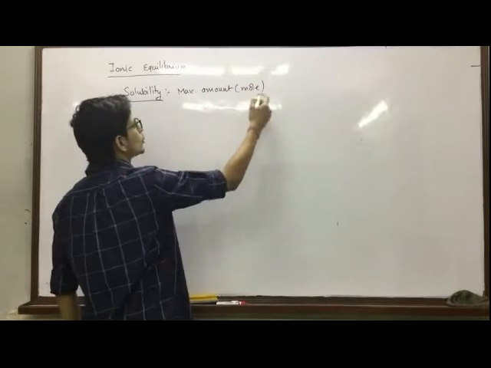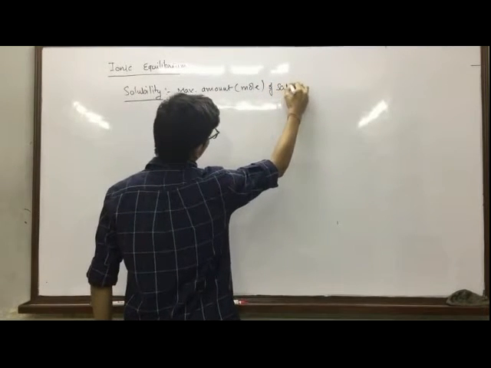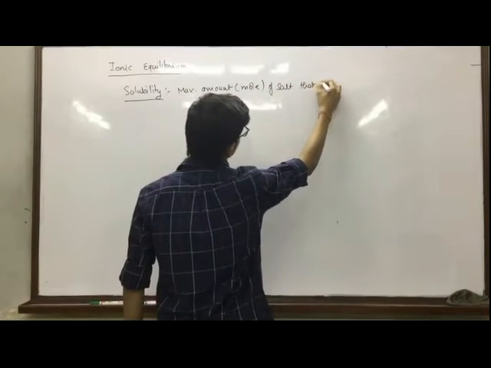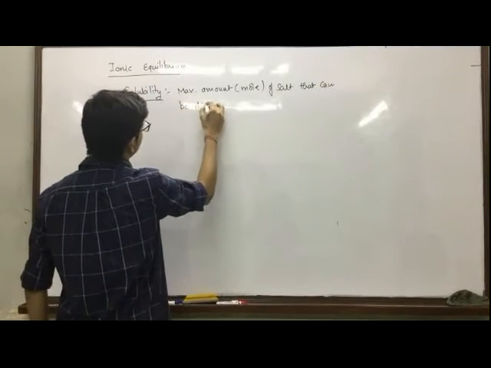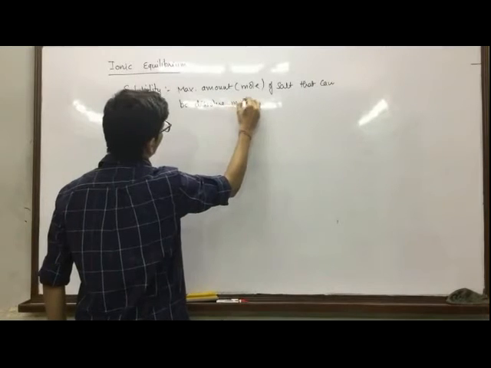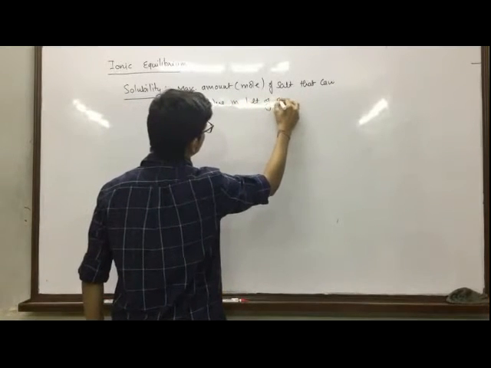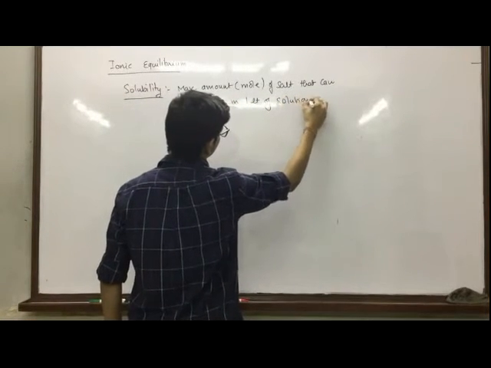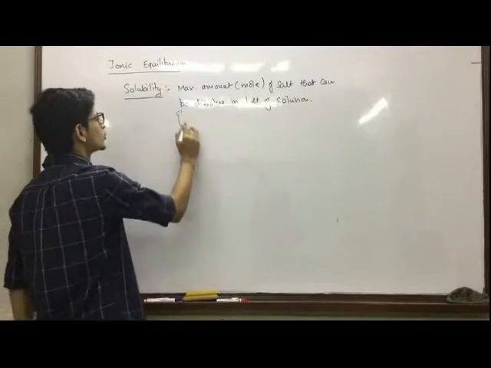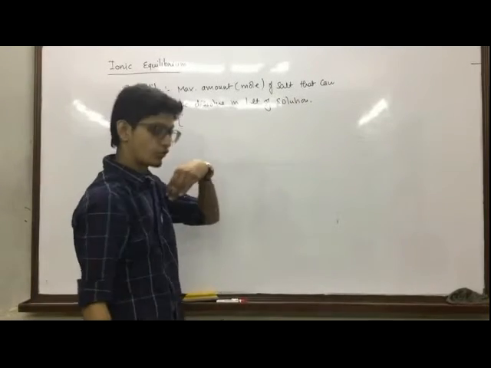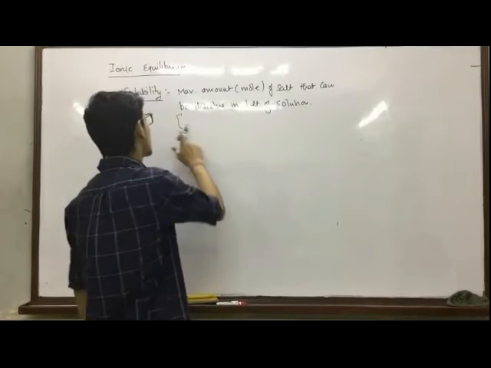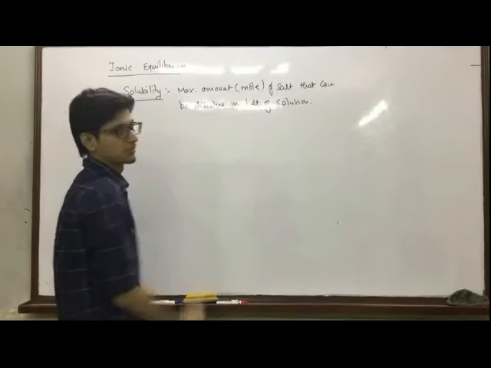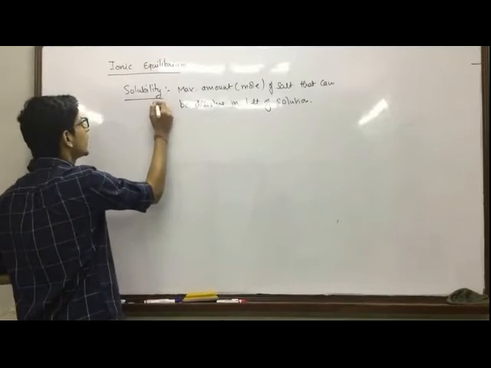The maximum moles of salt that can be dissolved in 1 liter of solution. After that, on further addition of salt, the salt is not going to dissolve. That maximum amount is the solubility. Generally, we represent it as S.